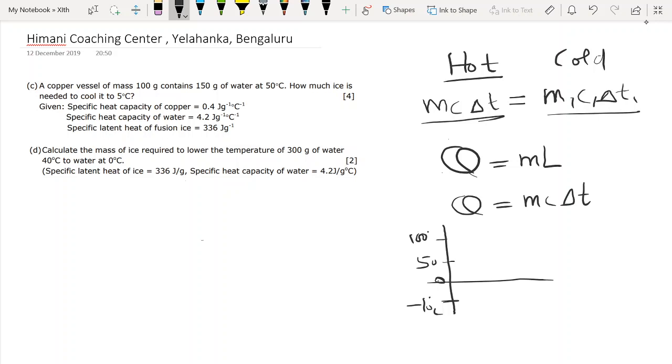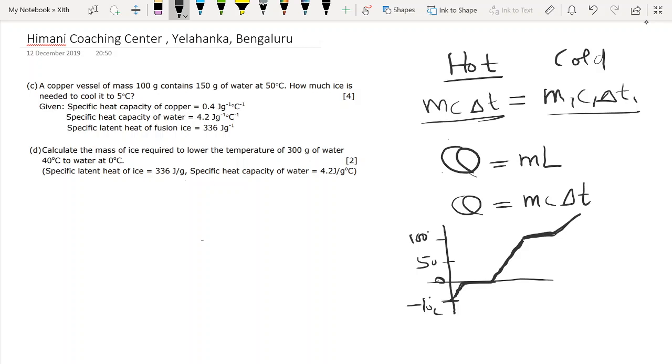If we supply heat to m grams of ice at minus 10 degrees centigrade, you will find that temperature increases till 0, then from 0 for quite some time there is no increase, and after that it increases. Again at 100 there is this flat line and then it increases.